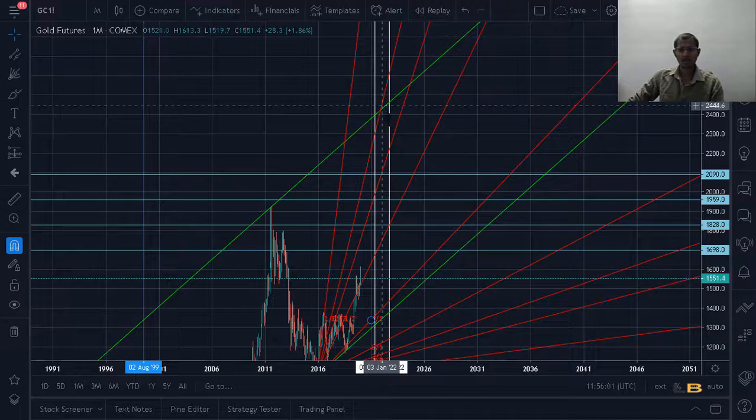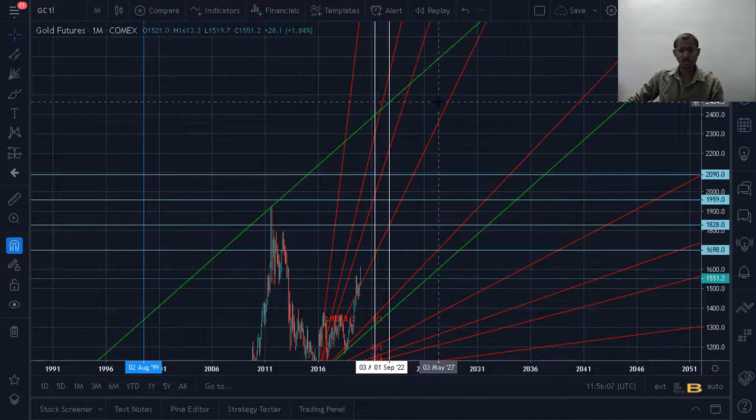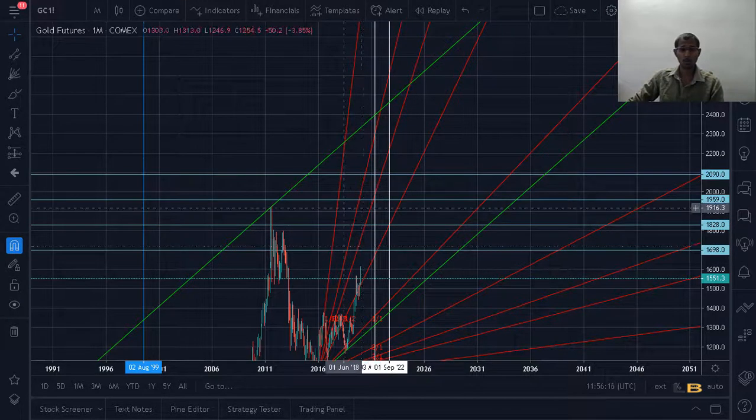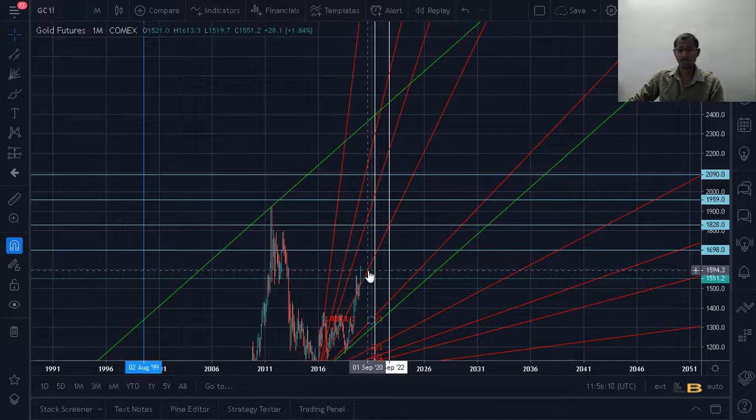Take a note of all these price resistances and all these time resistances. Also look at these angular resistances, because the long-term angular resistance has clearly given a positive signal and it has been wide open, so we don't have any issues with that.